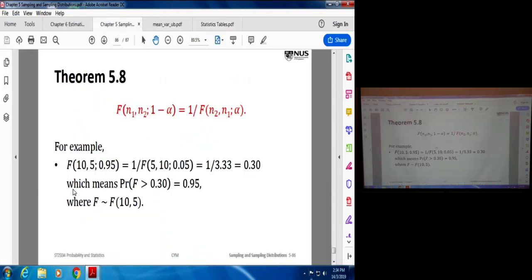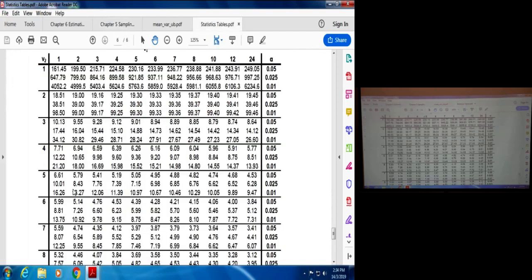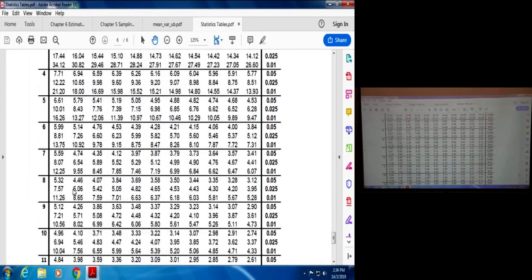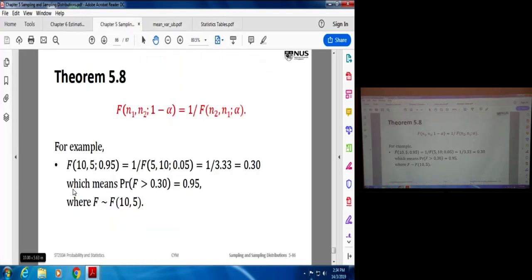Our formula says that this thing is actually 1 over f 5, 10, 0.05. Now this one we probably have. So we look at our table, F 5, 10 and 0.05, so that's 3.33. So 1 over 3.33 is precisely the F value that I wanted to compute.